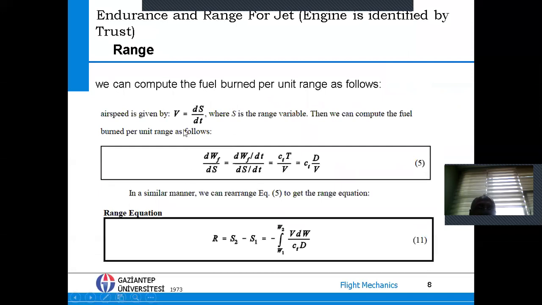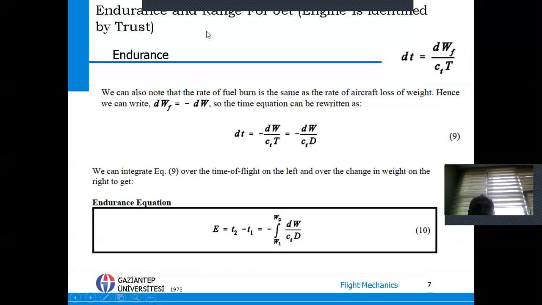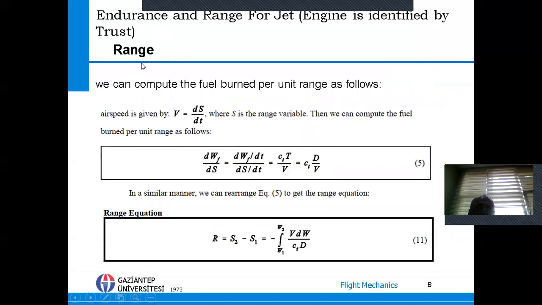Let us start. Also, similarly, before going to integrate the endurance, I will first make the range. We can compute the fuel burn per unit range as follows. So airspeed V is given by, of course, V equal to ds over dt.